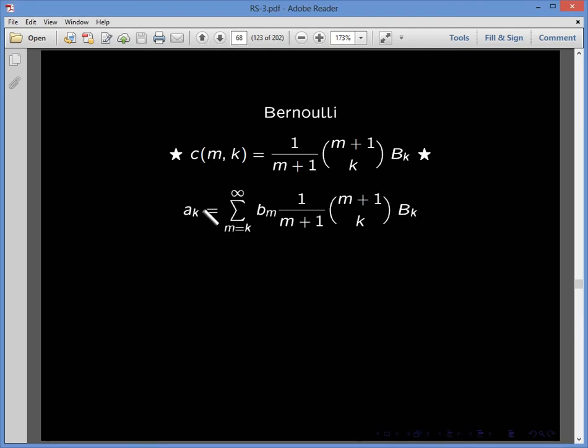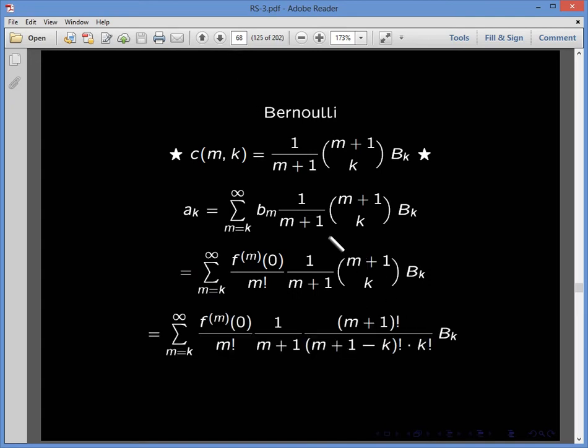So now we're putting that back in there. a_k is the coefficient of that Taylor series of R_n. b_m times that C_mk is replaced. Now what is b_m? It's a Taylor coefficient of f, therefore it has this shape: the mth derivative at 0 divided by m factorial. Now write out this binomial coefficient, m plus 1 factorial divided by the product of these two factorials.